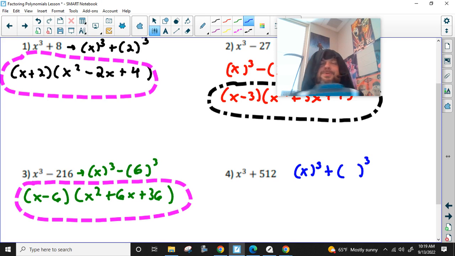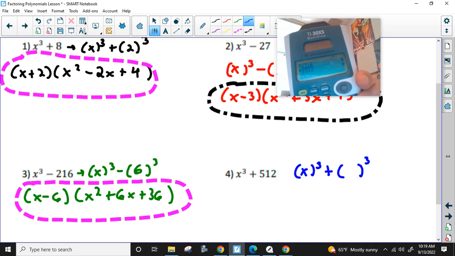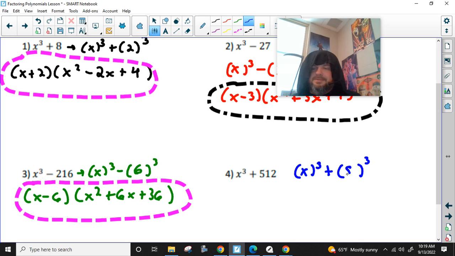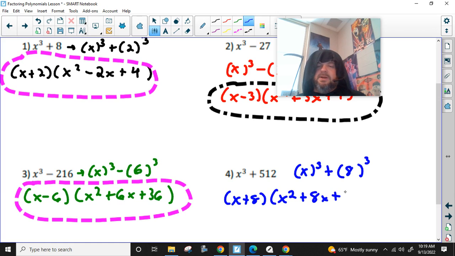Okay, so we need to find the cube root of 512. Believe it or not, the cube root of 512 is 8. Now, I did have other ones like this where you'd actually have to factor out something.